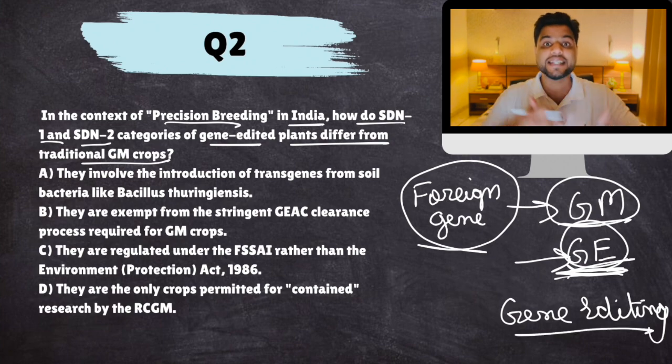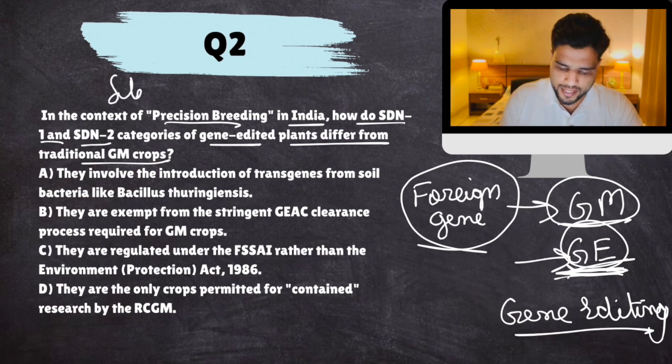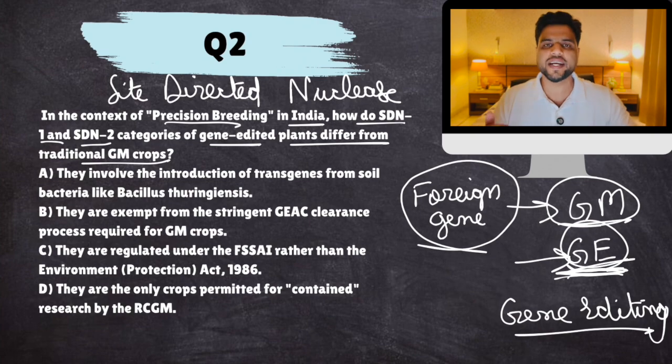Now, there are various techniques for gene editing. Two of these techniques are SDN1, SDN2. SDN stands for site-directed nuclease. This is just a technique. You don't need to know how it works. Just remember SDN1 and SDN2 are techniques, and these techniques are permissible. You don't need to take any approval from GEAC for these gene editing techniques.